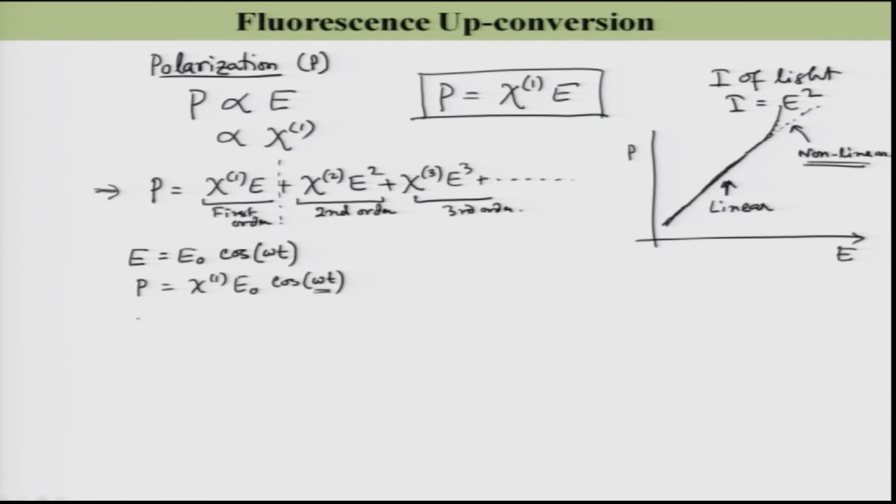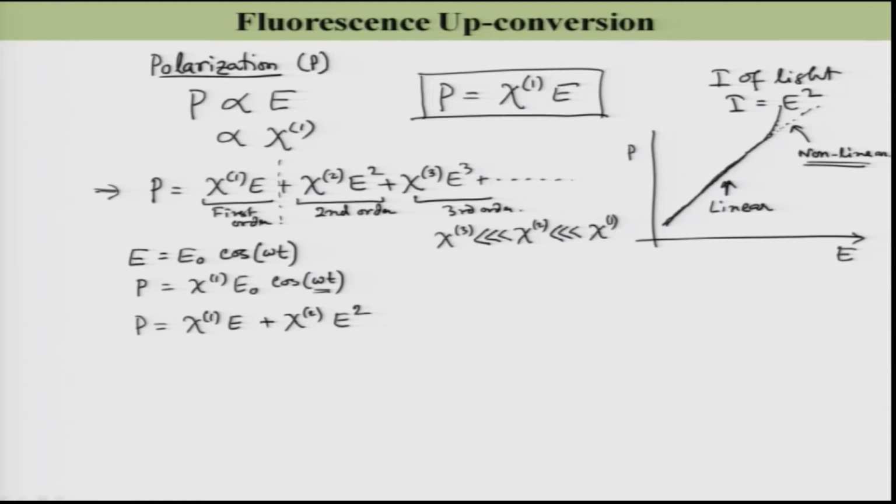Now, if I take P equal to chi 1 E plus chi 2 E square, both the terms, if you want you can take the third one or fourth one and so on, but please remember that this chi 3 is much smaller than chi 2 and which is much smaller than chi 1.